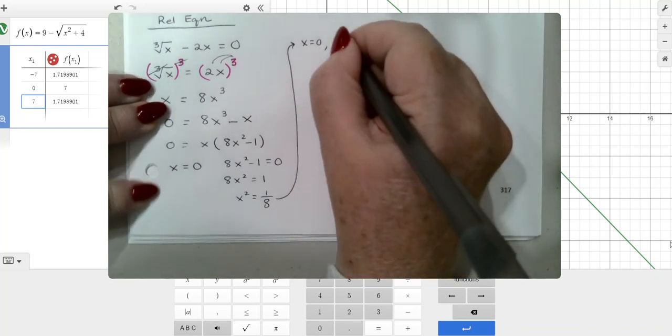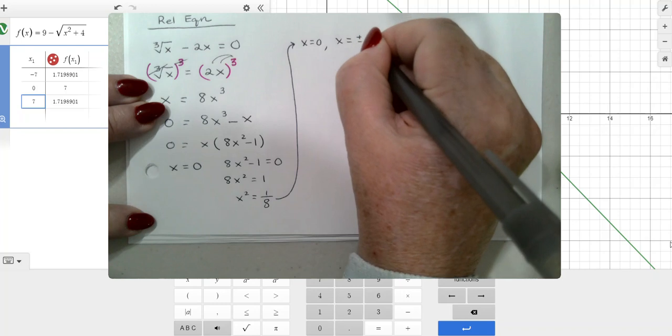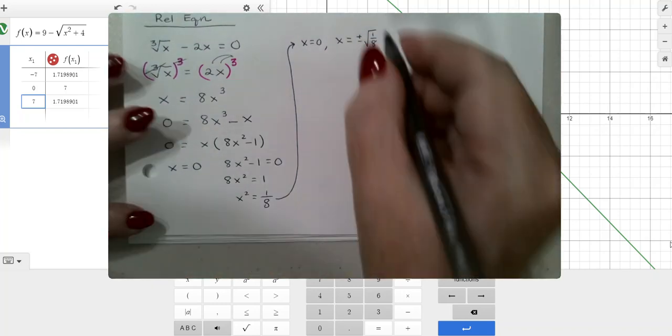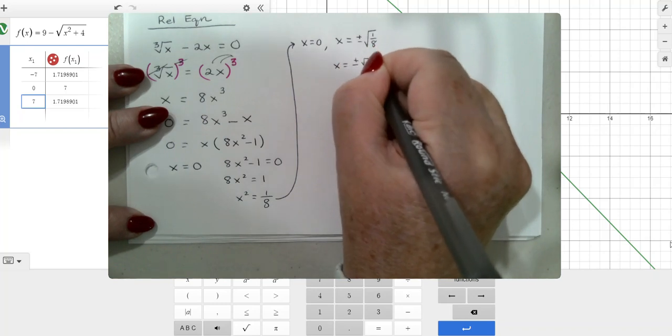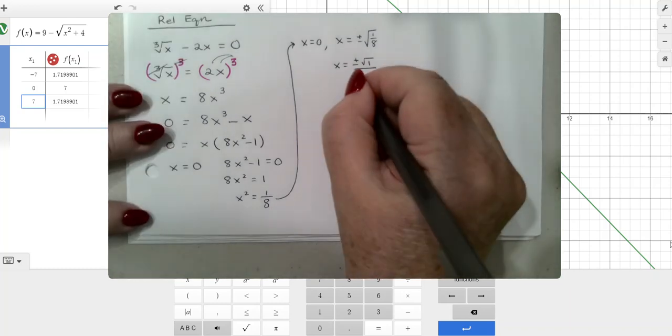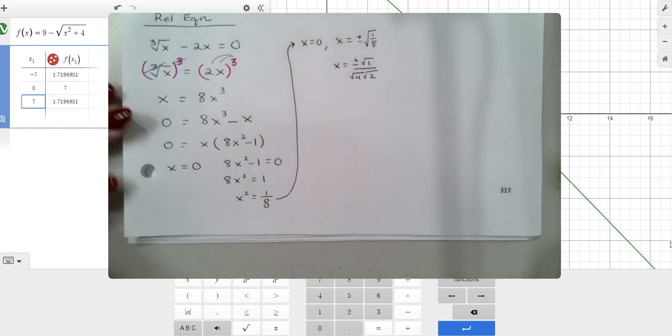And now I'm going to have x, if I put my square root on both sides, would be plus or minus the square root of 1/8. I want to simplify that. Let's see, the square root of 1 on top. The square root of 8, I can split that up as square root 4 square root 2.